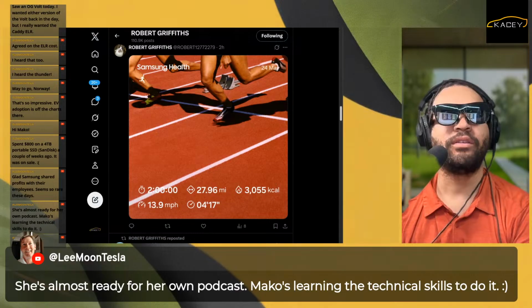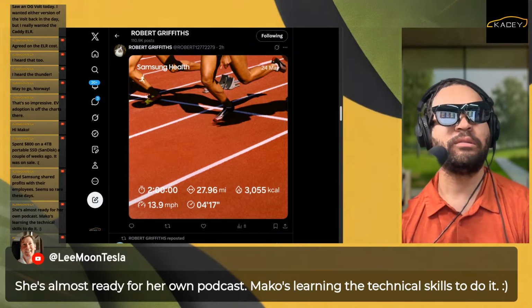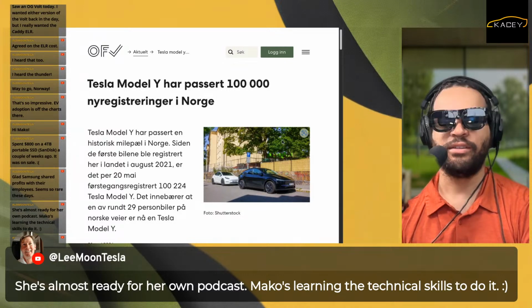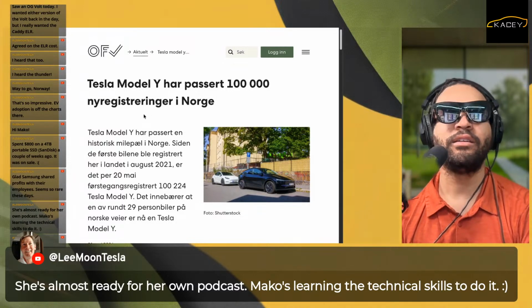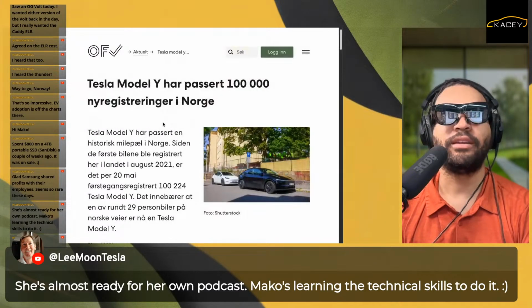All right, so now we have talked about Norway and the Model Y. Did we actually load the article? Oh, here it is. I'm going to do machine translation because I don't stand a chance. Where's my offer for machine translation?